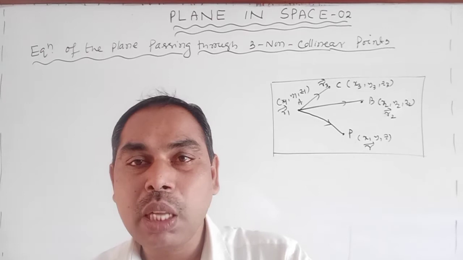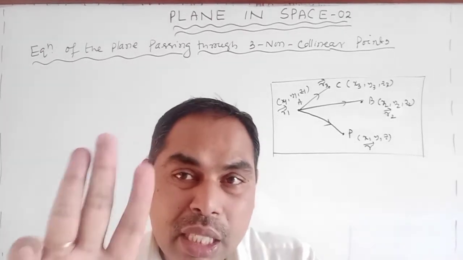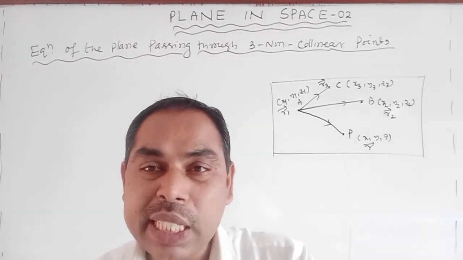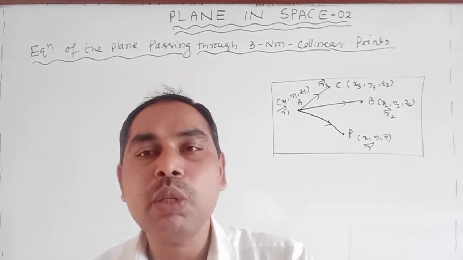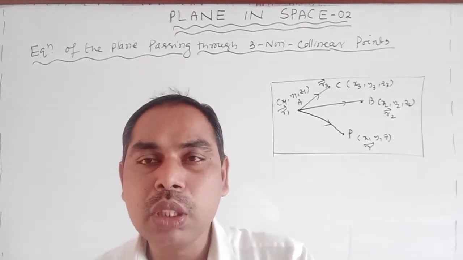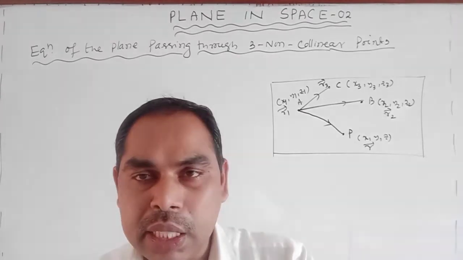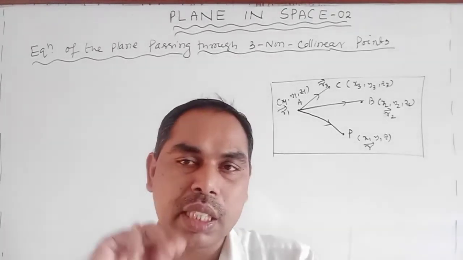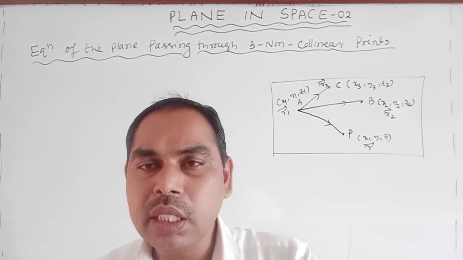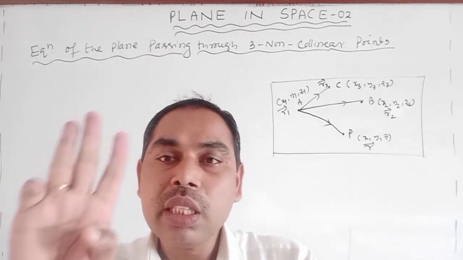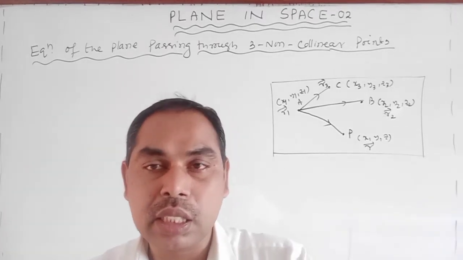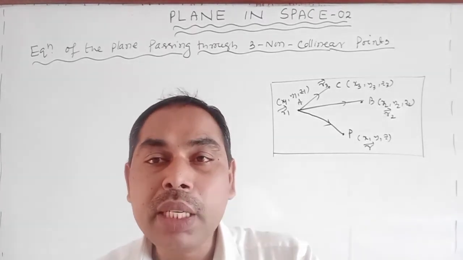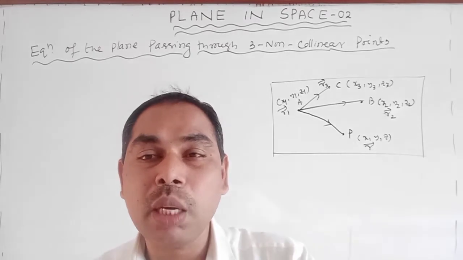Since the equation of plane contains 3 arbitrary constants, we require minimum 3 conditions to form the equation of a plane. A question may come: how many independent constants are there in the equation of a plane?